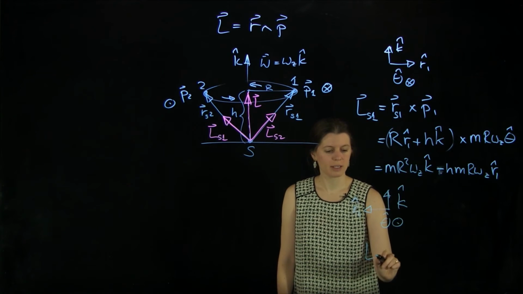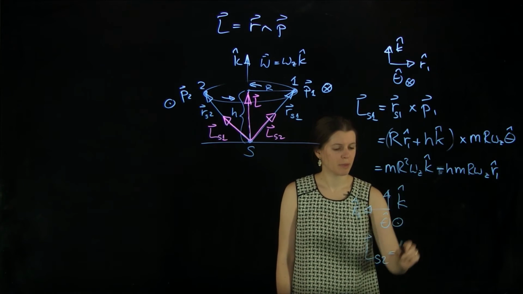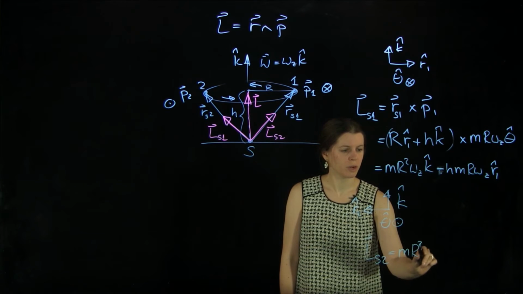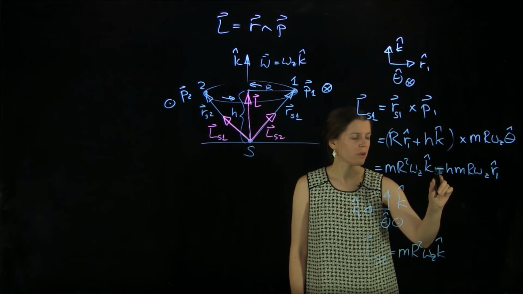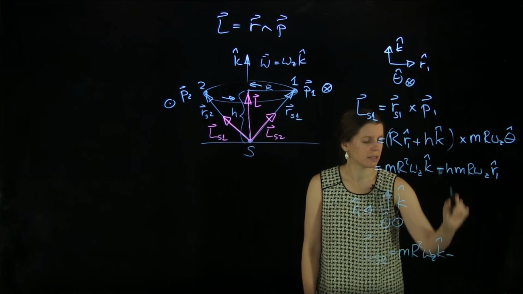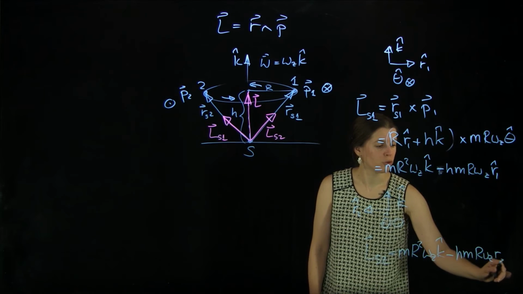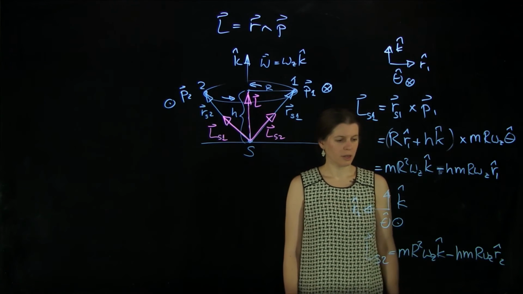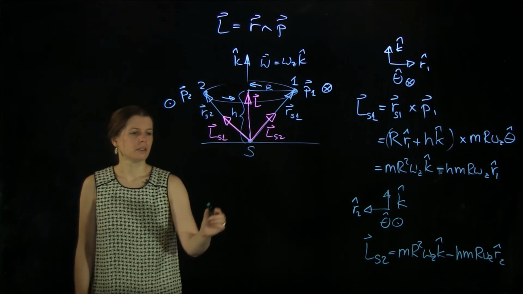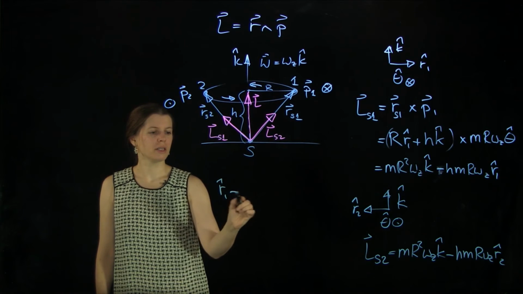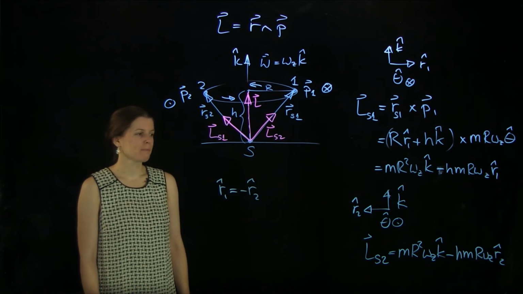Then we can write down our LS2 as, same thing, m r squared omega z k hat, and here we have minus h m r omega z r2 hat. And we know from our setup that r1 hat equals minus r2 hat.